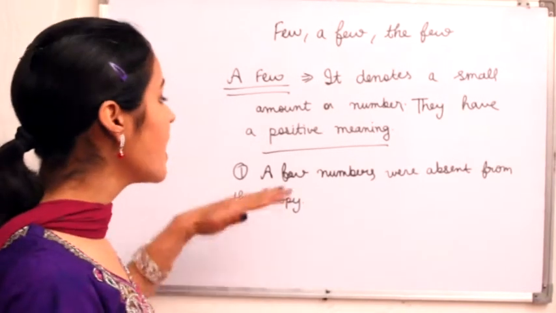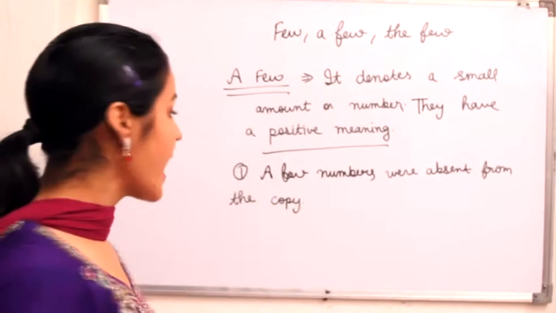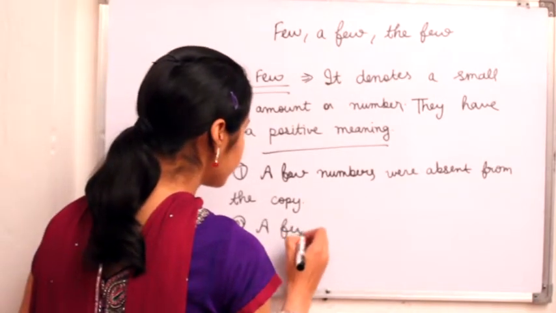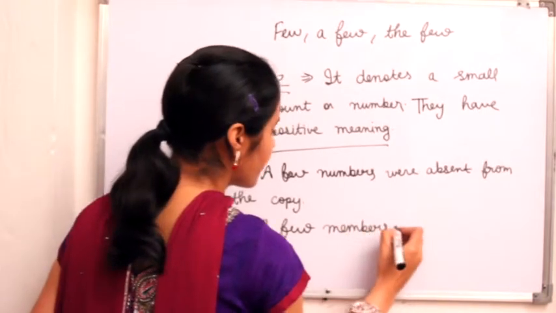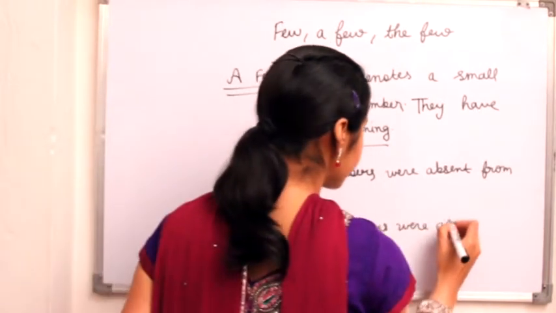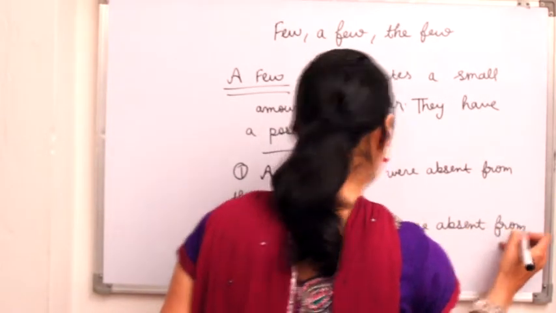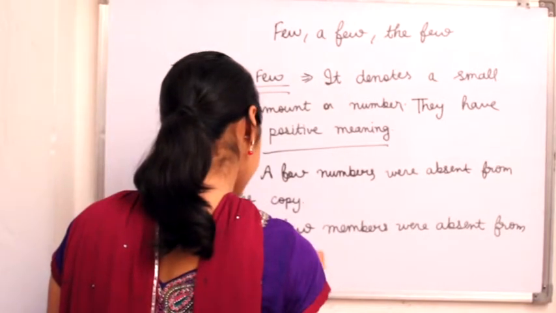It means that a few numbers were absent from the copy, and you can also write: A few members were absent from the meeting.